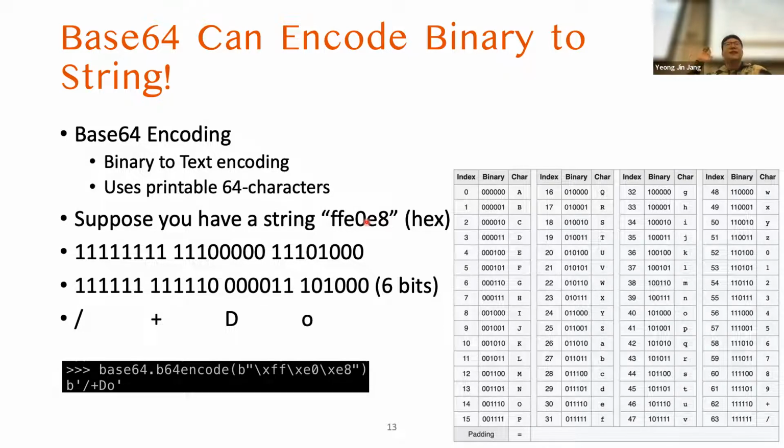If we apply Base64 encoding to hex values like FF (255), E0, E8, we can split them into groups of 6 bits and represent them as printable characters. So no matter what kind of data you have, in the 8-bit representation we may have non-printable data, and Base64 transforms that data into printable characters.